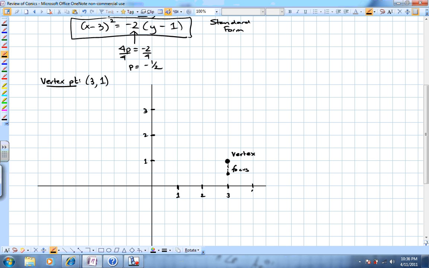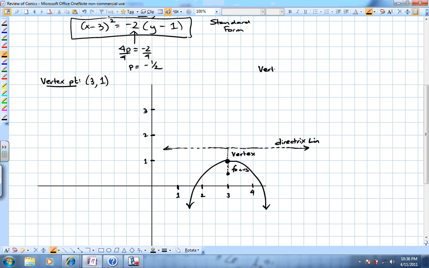Now, you know that your parabola has to open downward because the focus has to lie inside the parabola. If I go half a unit in the opposite direction, what I get is the directrix line. So let's label this directrix line. Again, based on the geometry of this sketch, let's get the information.